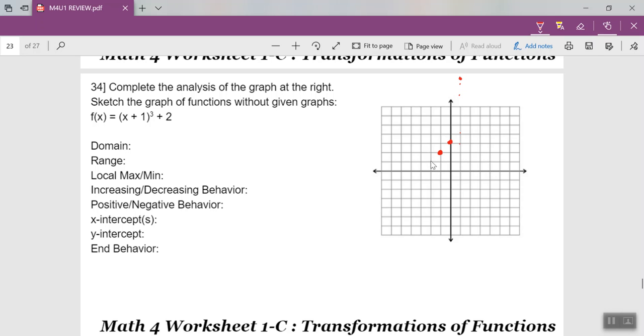And you're going to play the same game over here. You're going to go down 8, from here over 2, then down 1, 2, 3, 4, 5, 6, 7, 8. So now we've got a graph.